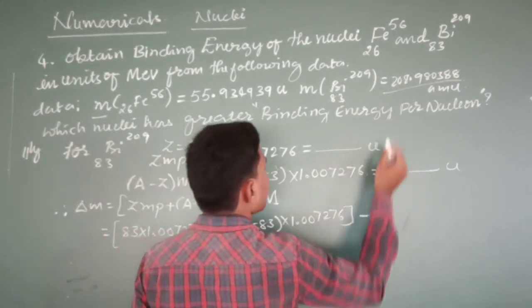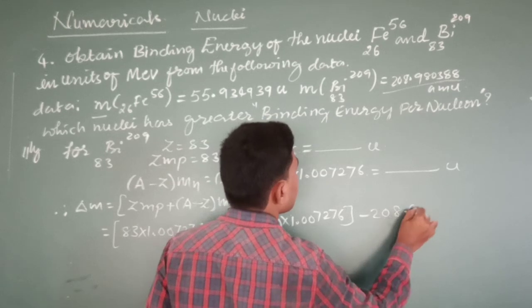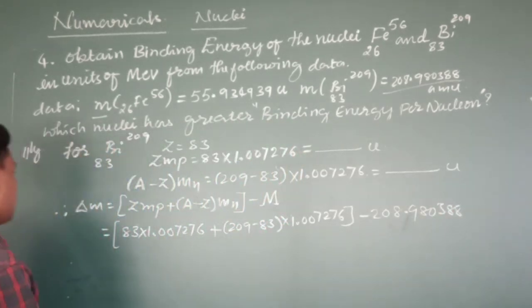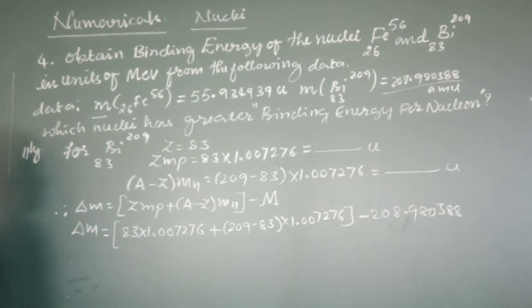Actual mass of the bismuth nucleus, that is 208.980388. So if you solve this, you will get the mass defect.